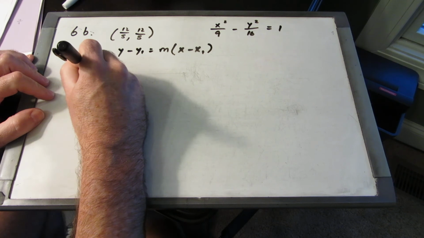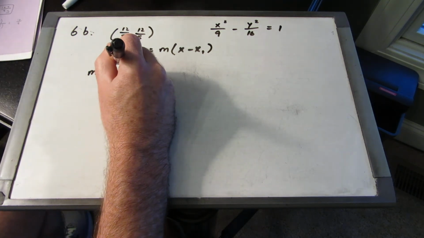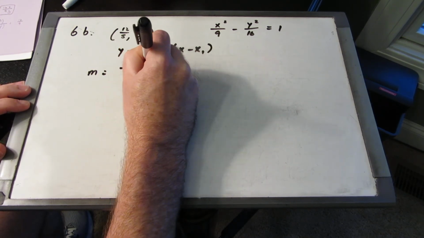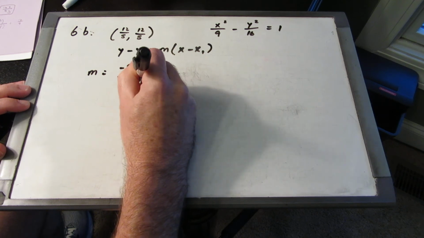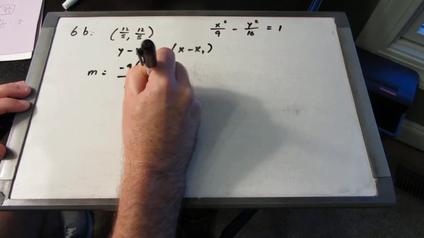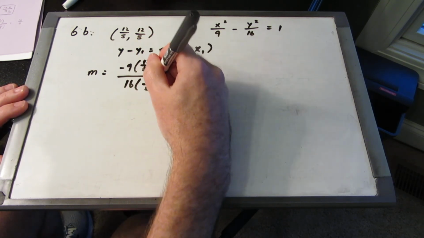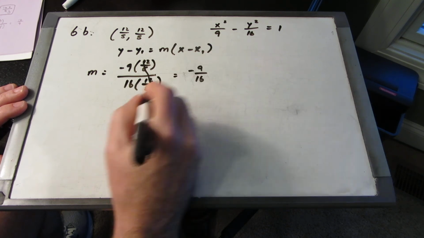Our slope m is going to be minus 9 times 12 fifths, just plug in that point for x, over 16 times 12 fifths. Notice the 12 fifths just cancel, and I got a negative 9 over 16.